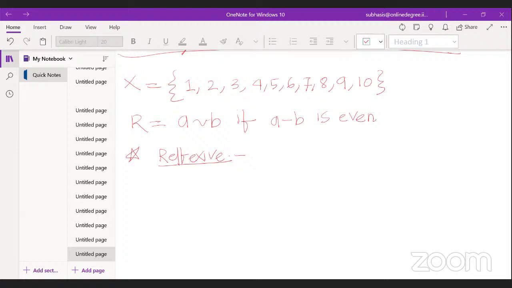Are we considering 0 as even, sir? 0 is even. Okay, sir, then it is reflexive. So as you can see, (A, A) is in R because A minus A is 0 and 0 is even, right?